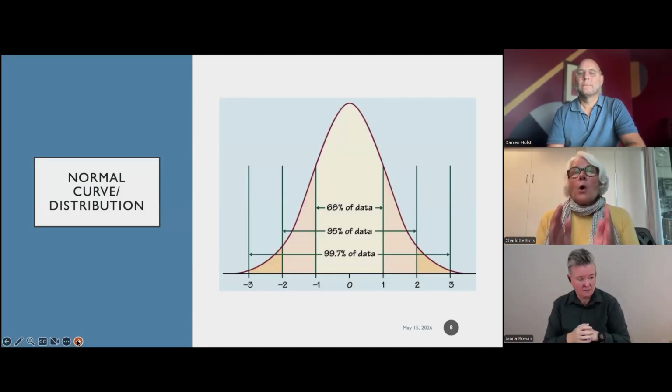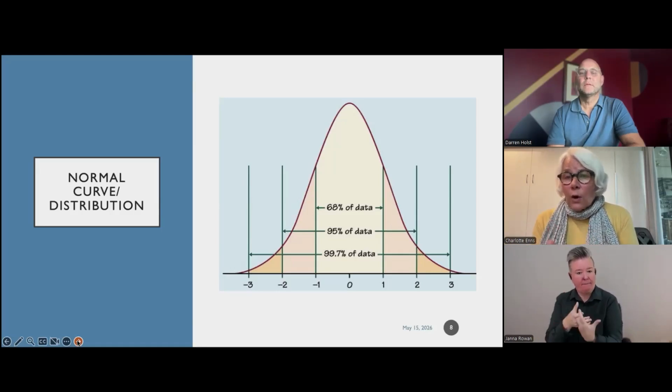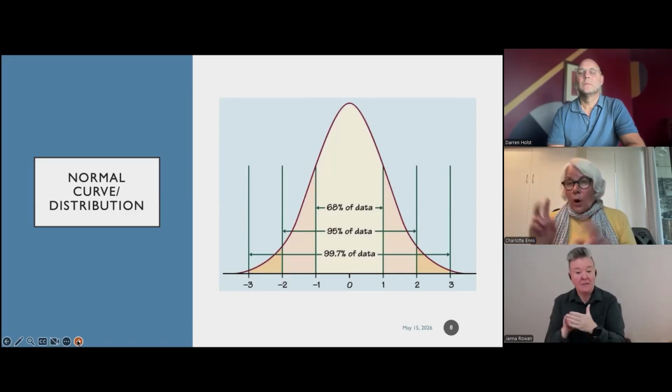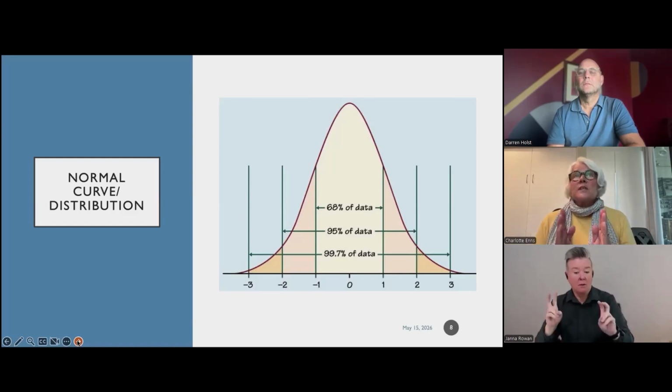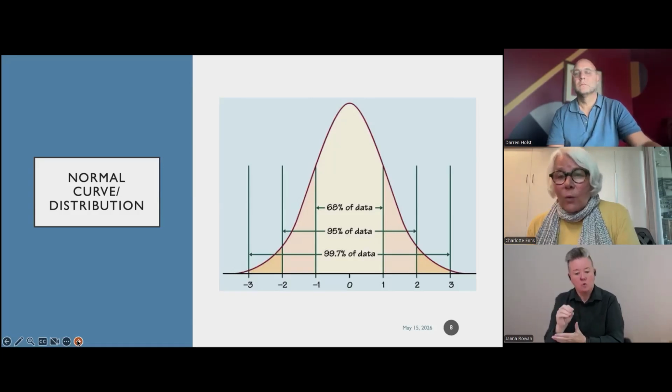It's what most 3-year-olds will do with this question, okay? So you can see that 68% of the data falls in that normal range around the average, around that peak of the normal curve. So that's what normal means, is that most children that age will score that way.